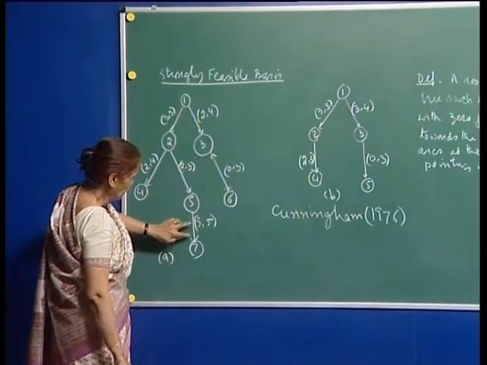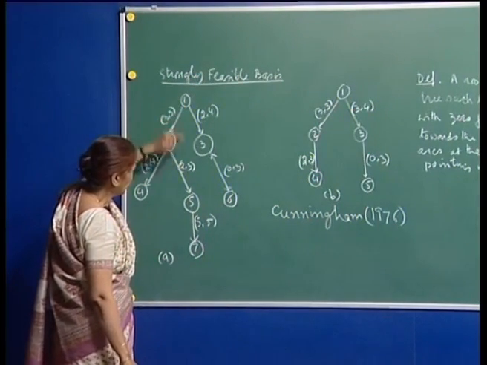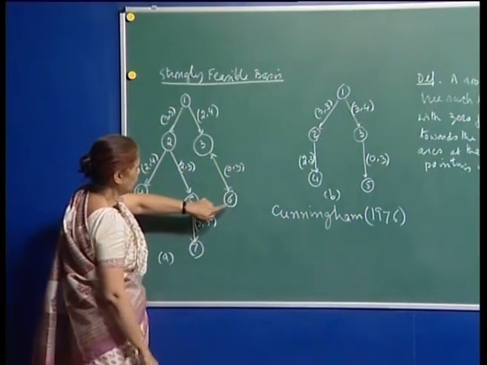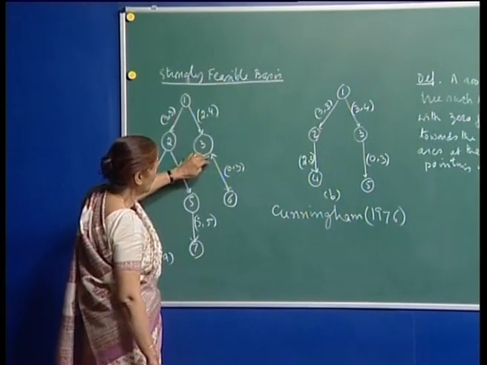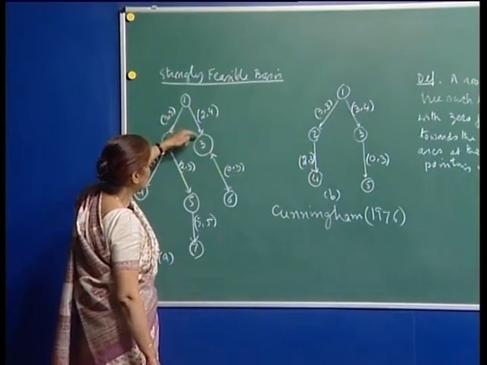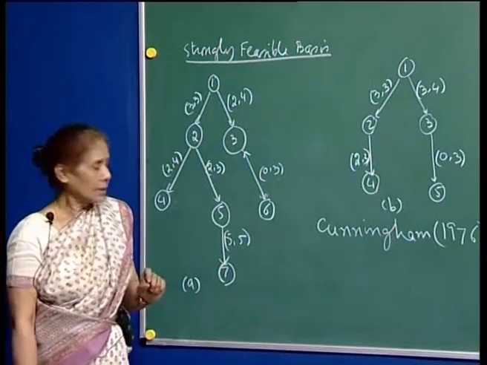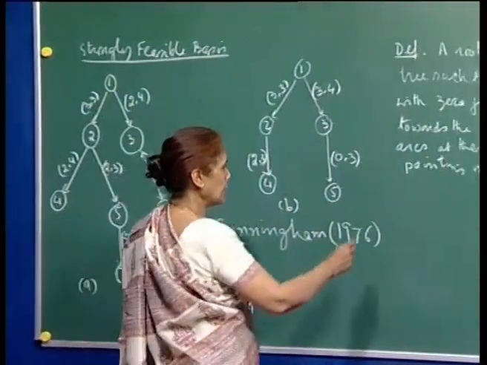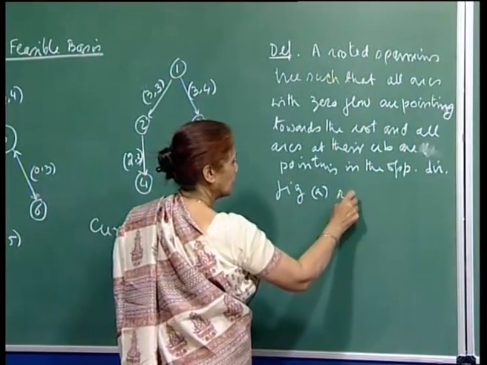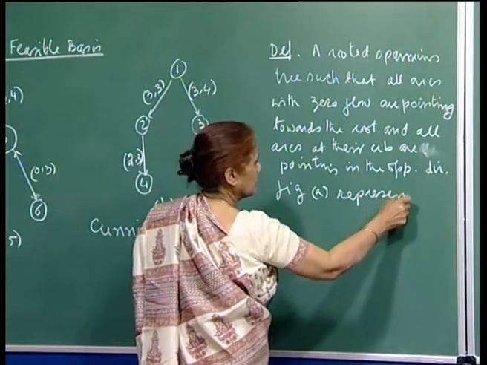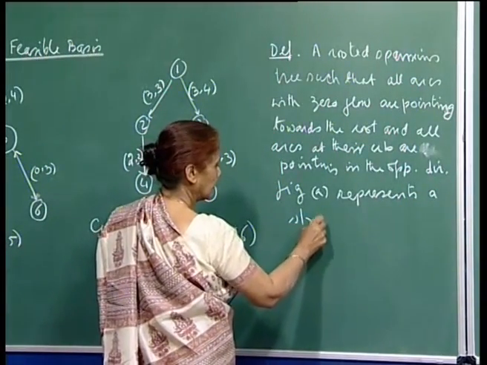Similarly, from here, because this is saturated, I will reduce the flow and I can send 2 units here again along this arc, right. Similarly, from this point onwards, because the flow is 0, upper bound is 3, I can send at most 3 units, but here I can send 2 units. So, therefore, from 6 to 1 you can send 2 units. So, figure A represents a strongly feasible basis.